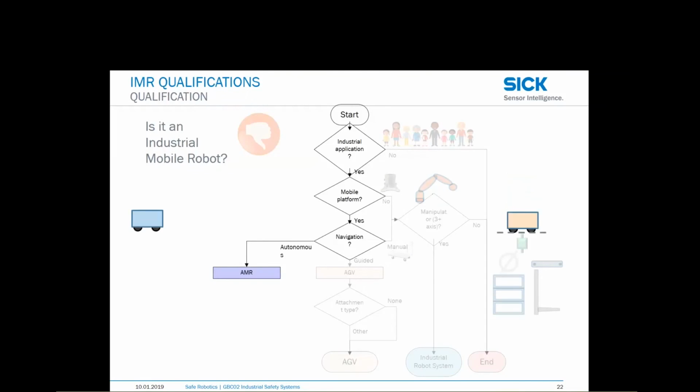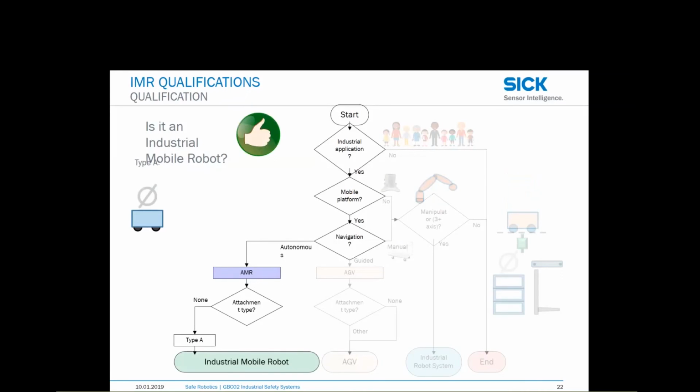If the navigation, however, is autonomous, it is an AMR, an autonomous mobile robot. But let's take a look at the different types of attachments. If we have no attachment, this is a type A. So the standard is defining the requirements for a type A mobile platform. If it has another type of attachment, this is a type B industrial mobile robot.